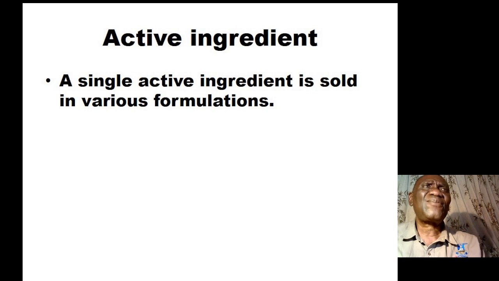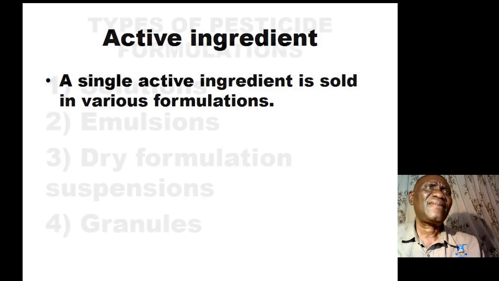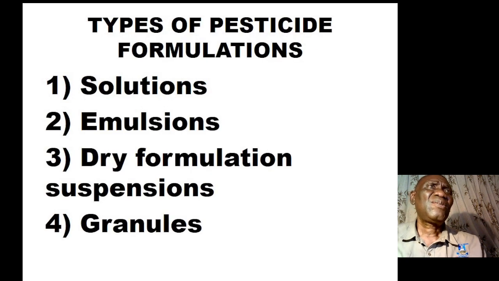So a single active ingredient can be sold in various formulations depending on the target pest. So please note that the types of pesticide formulations are generally categorized as solutions, which is a liquid.